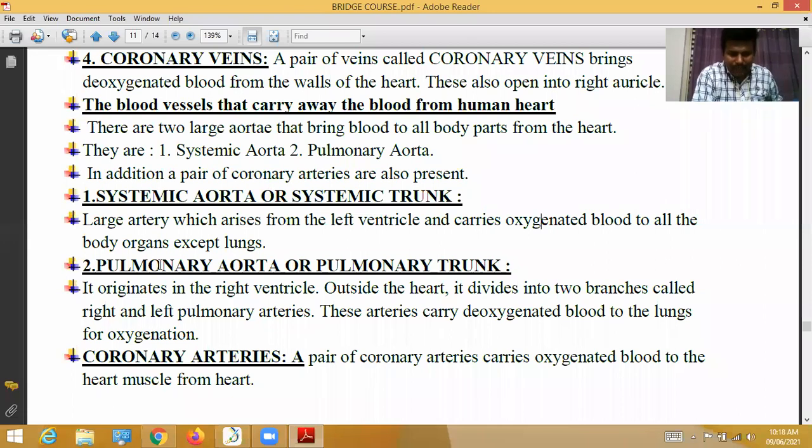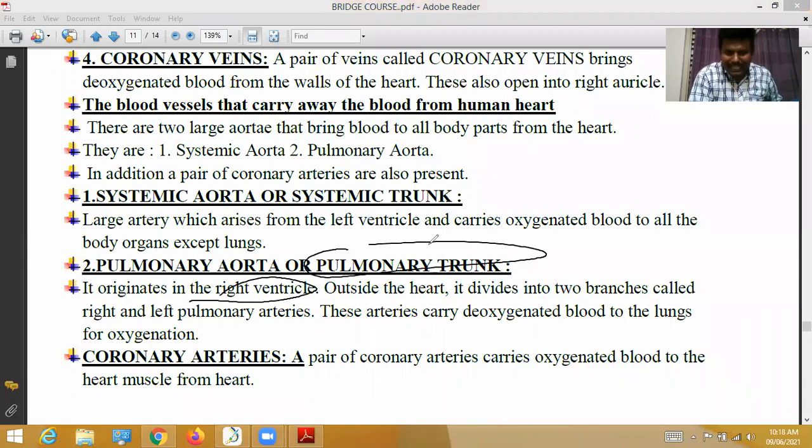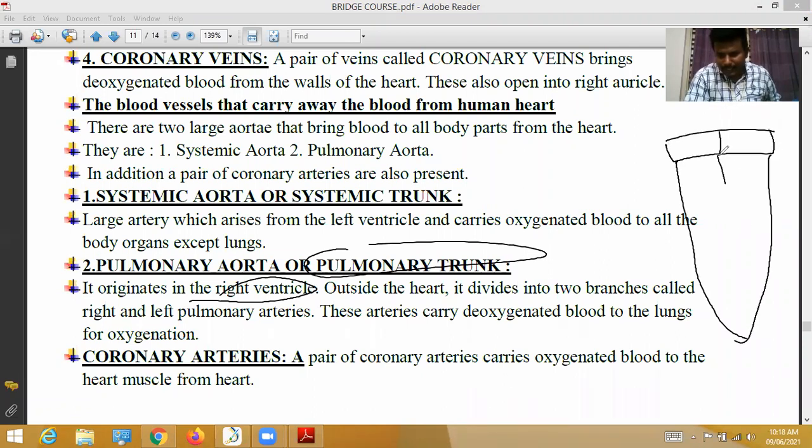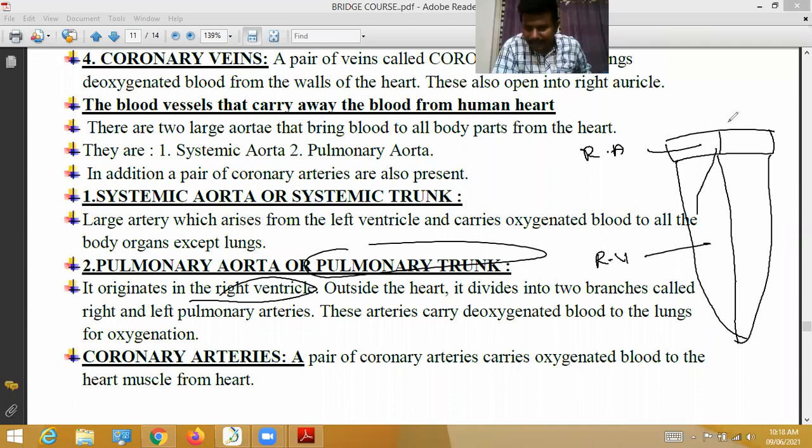Next, the systemic aorta is already discussed. The pulmonary aorta is also called the pulmonary trunk. It originates in the right ventricle. See, I am showing again in this way. It is the right auricle, right ventricle. From here, the pulmonary arteries arise.